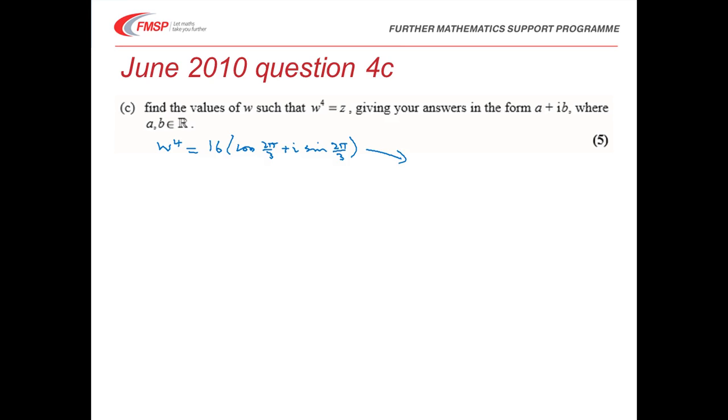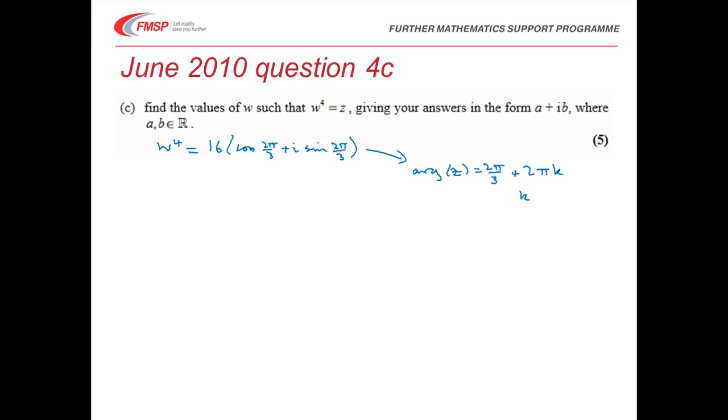So before we go any further, we know that the argument of z is 2 pi by 3, that's called the principal argument. But in order to get 4 distinct solutions for w, we need to have 4 arguments. So we've got 2 pi by 3, and we get the other arguments by adding on multiples of 2 pi.